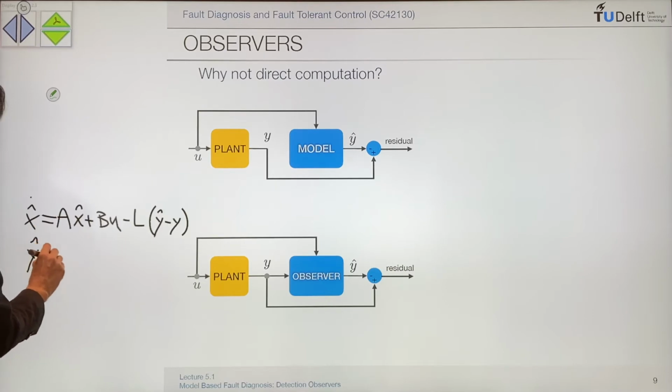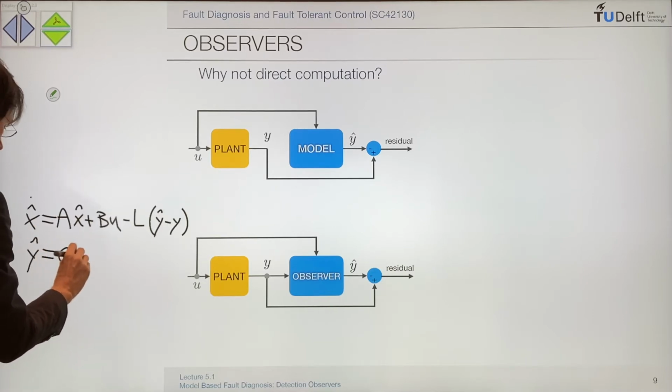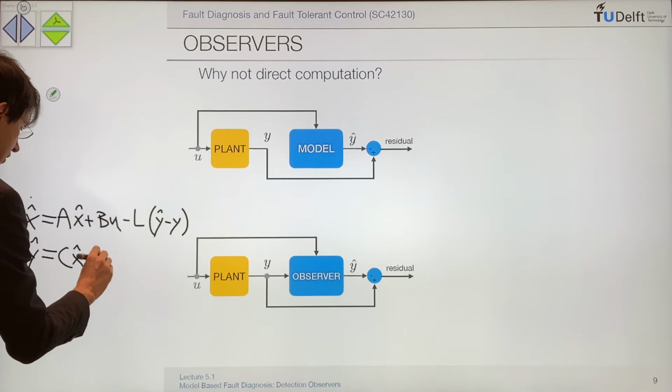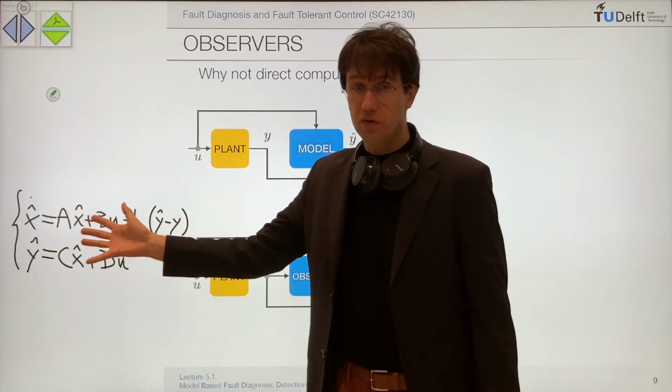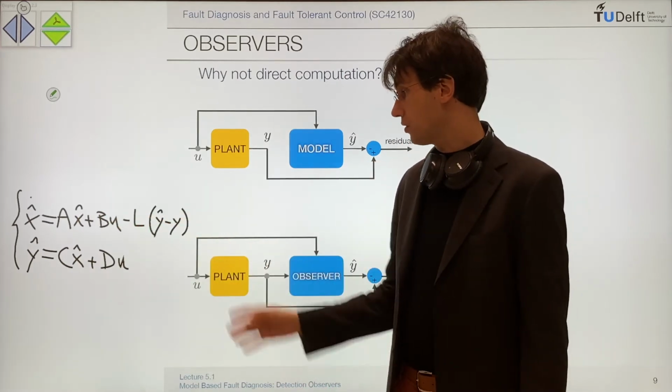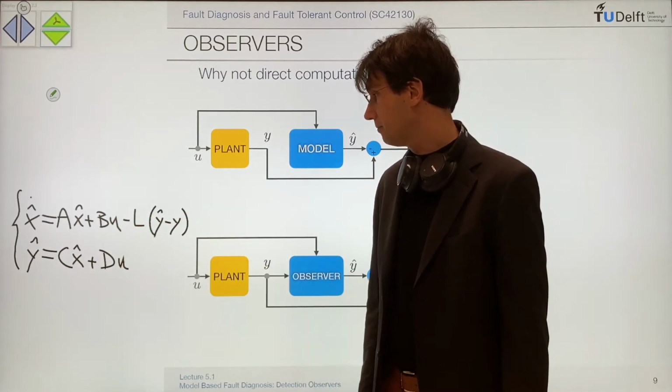And the estimation of the output is computed using the nominal equation like this. So this is the observer equation for a linear system in continuous time, so a Luenberger observer.